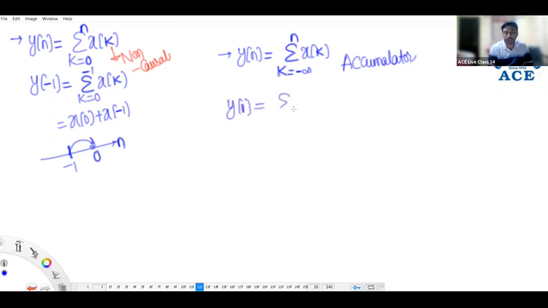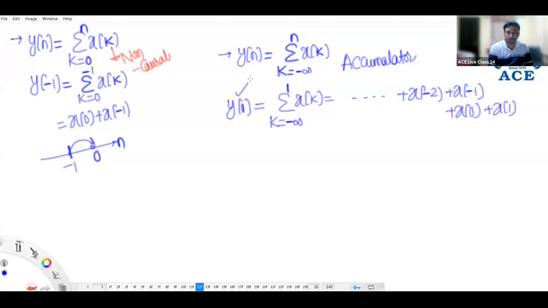Suppose you have taken n value 1, sir, minus infinity to 1 of xk, that is x minus 2 plus x minus 1 plus x0 plus x1. With respect to output at 1, all these are past inputs. This is present input. Present output is sum of past values of the input and present input, which is called the accumulation principle. 100% causal.